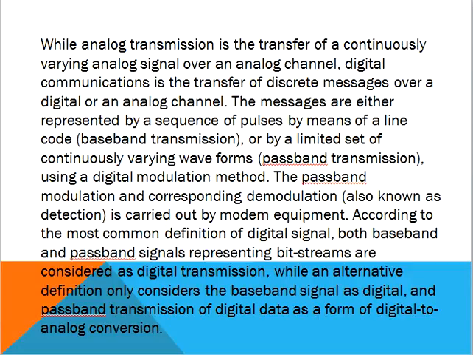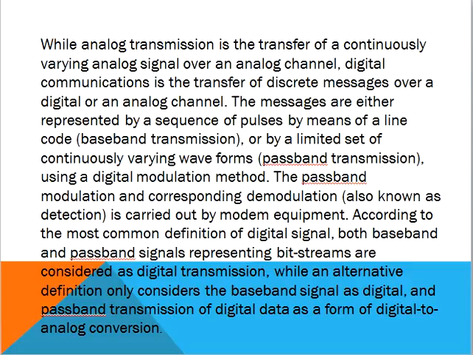While analog transmission is the transfer of a continuously varying analog signal over an analog channel, digital communication is the transfer of discrete messages over a digital or analog channel.